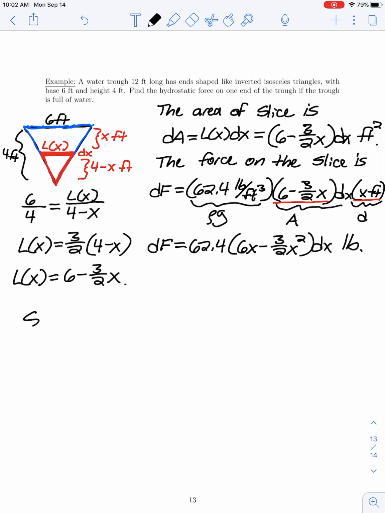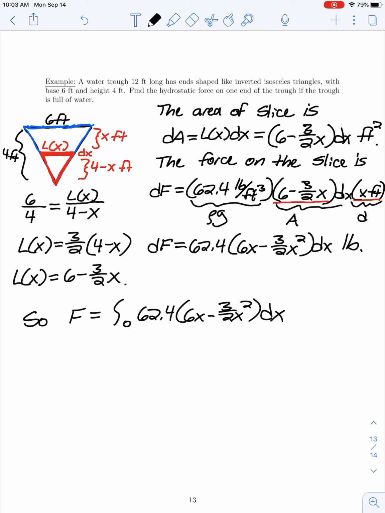So, to get the total force on one end of our trough, we're going to add up the force against all of these slices from the top edge of our tank to the bottom. So here we would be integrating this 62.4 times 6x minus 3 halves x squared dx.